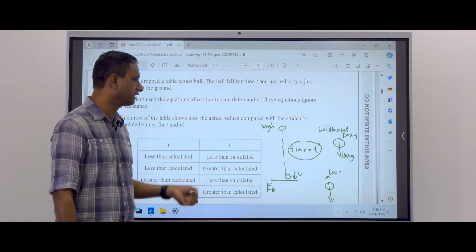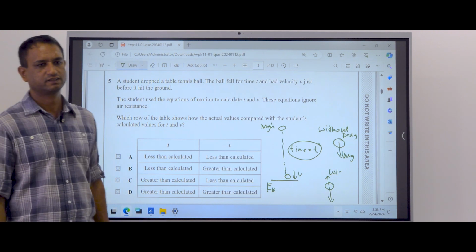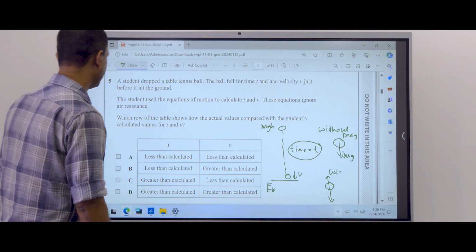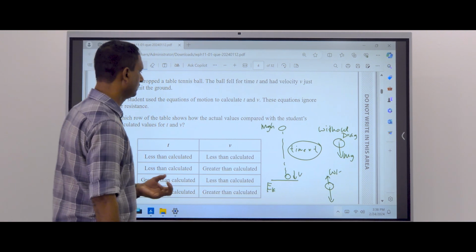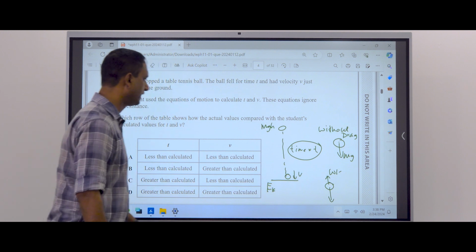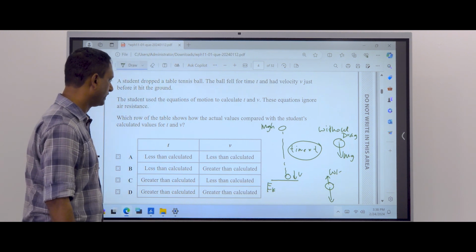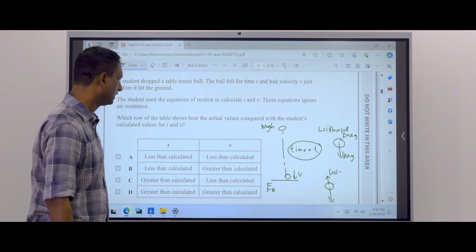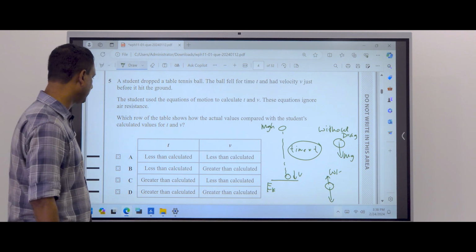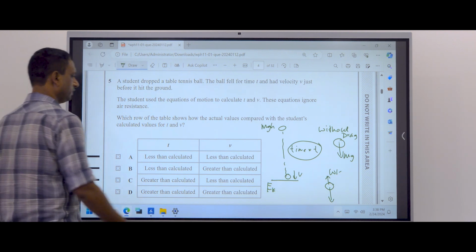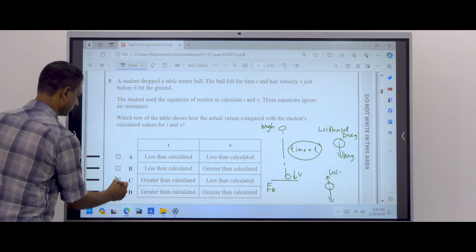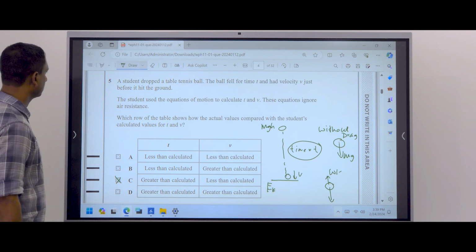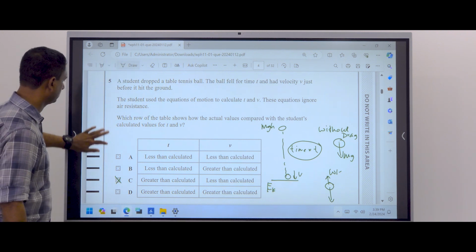Therefore, kinetic energy gain is less than earlier. Then when the air resistance is there, kinetic energy gain is less than calculated. Therefore, velocity is less. Time is greater, velocity is less.